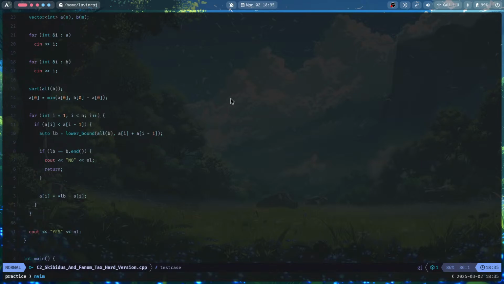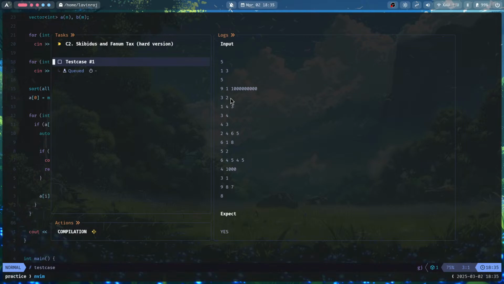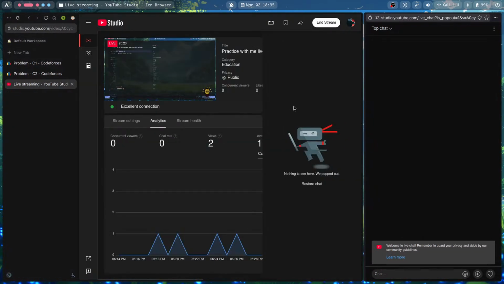Right, so let's test that. Got wrong answer for the third test case. This was the first one, this is the second, and this is the third one. So the third one got wrong answer.